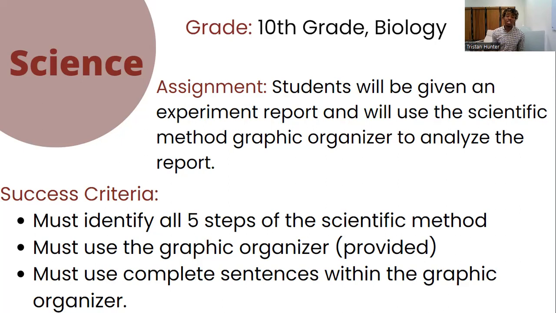But then last but not least, the teacher said that they must use complete sentences within that graphic organizer. So even in this, y'all, where the teacher gives me that graphic organizer that can be used as the thing that's going to show my success, that I'm able to demonstrate knowledge, there were some clear expectations being communicated as I go through and complete this.